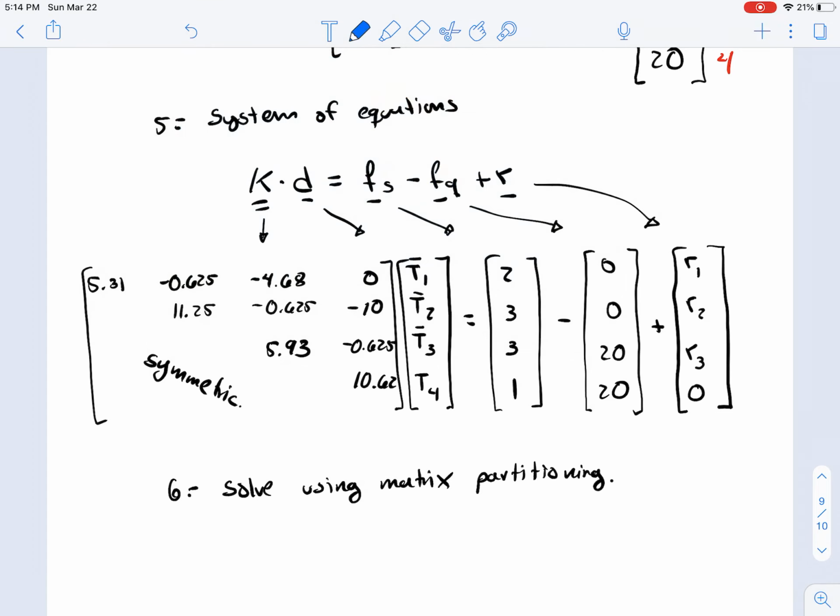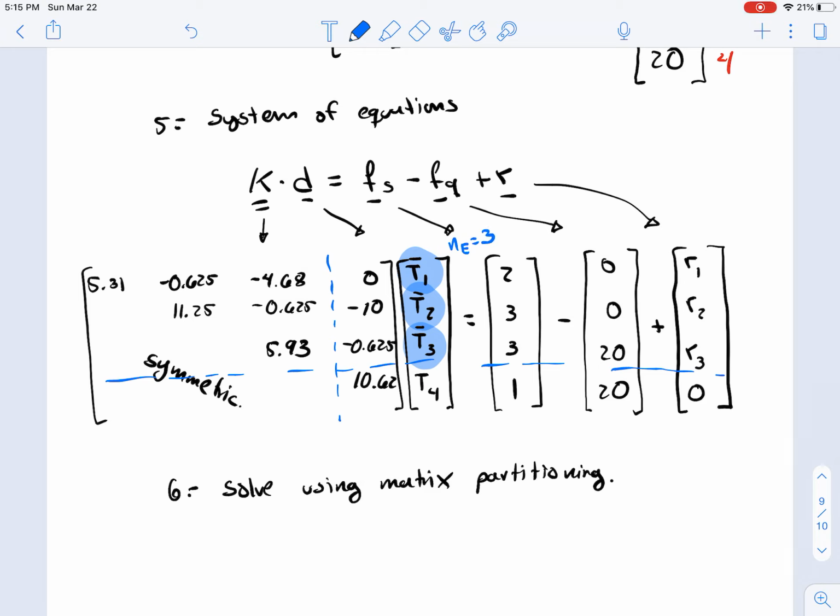Just like before, we have 3 nodes that have a known temperature, so I could just split everything based on those 3 essential boundary conditions. So this is NE equals 3.